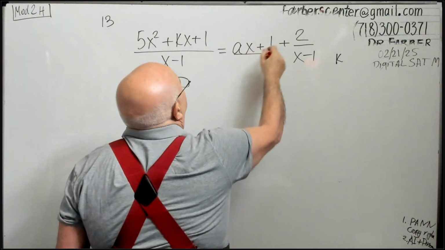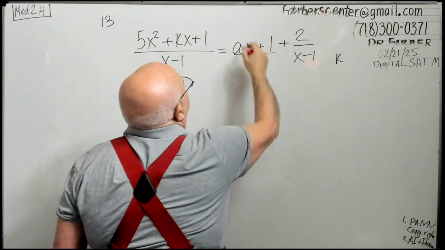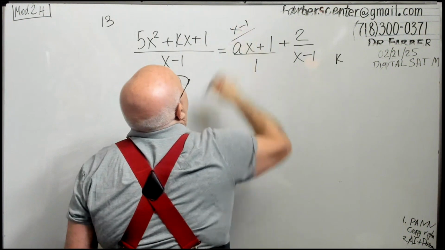So look at this, the right part. There are a few different ways. For instance, multiply by x minus 1.